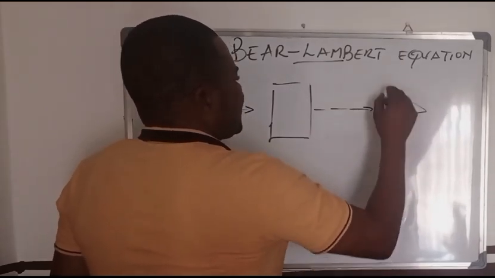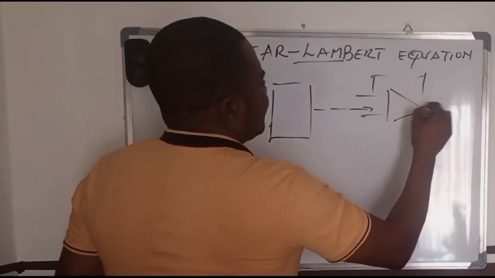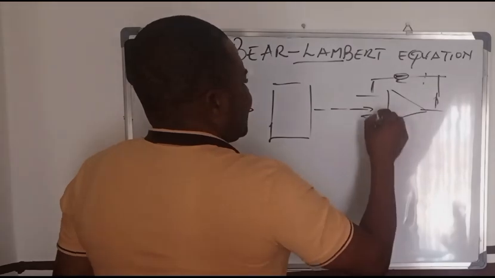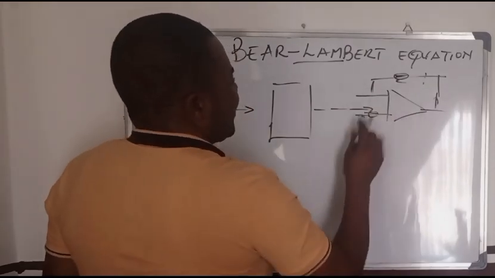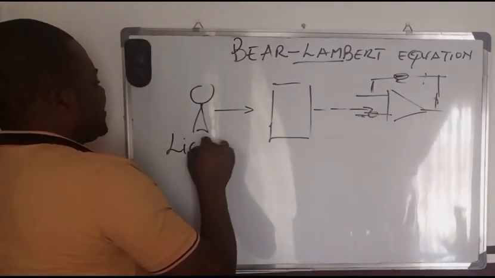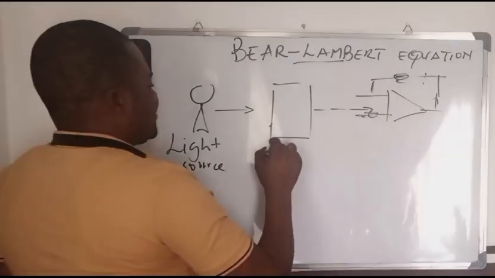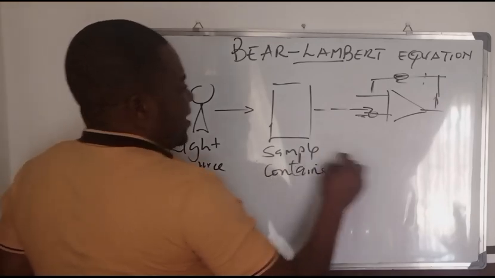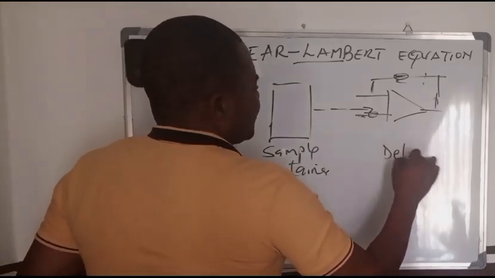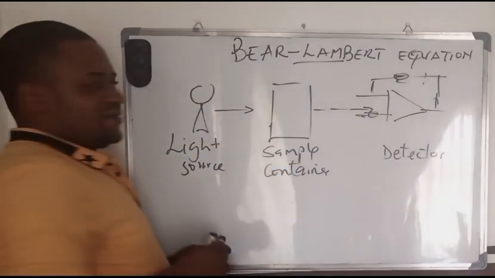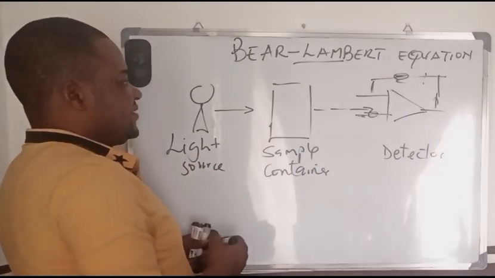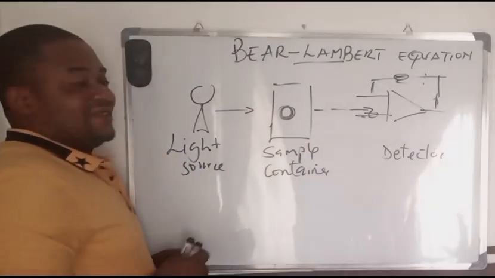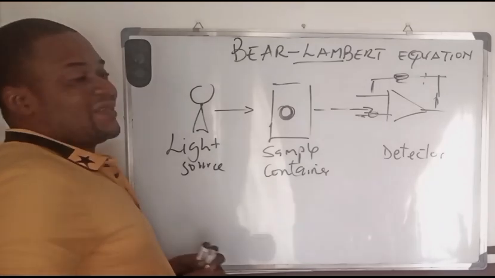This is your monochromatic light source, this is your sample container, and this is your detector. In this sample container you have a sample in it. What the Beer-Lambert law said is simple.